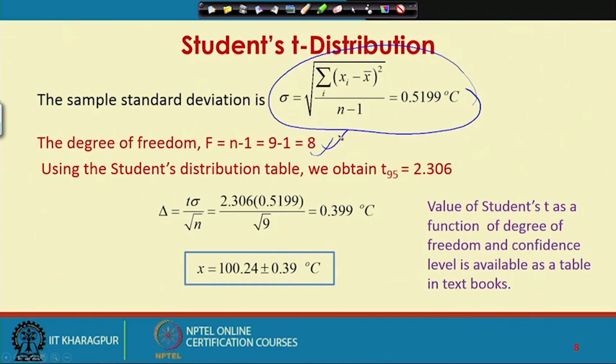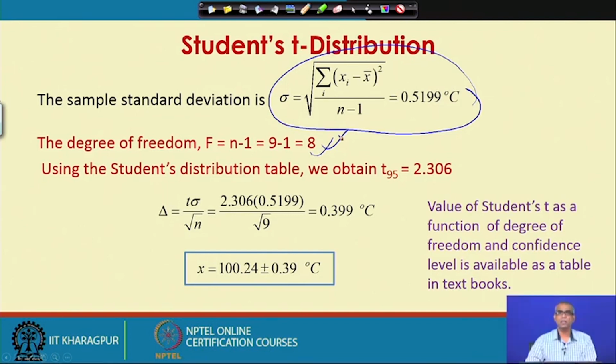Now, you have to look at the Student's t distribution table, which is available in many standard textbooks of statistical data analysis. If you look under the Student's t distribution table, you will see the value of t at 95% confidence level is 2.306.